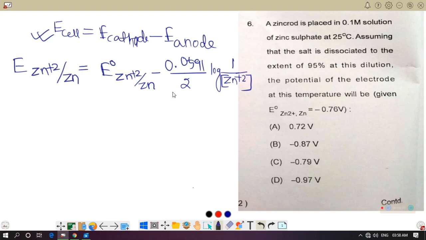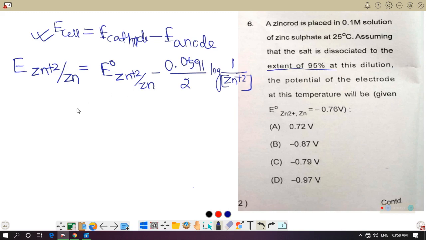So we don't know what the concentration of Zn2+ is after dissolving into the solution. Here the question gives some information: it will dissociate to the extent of 95% at this dilution.